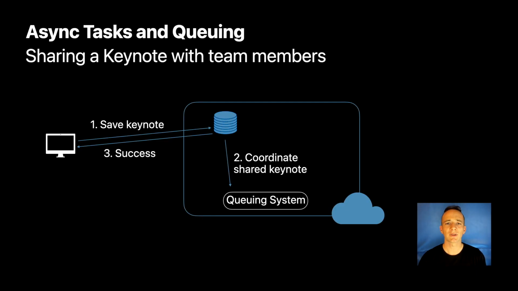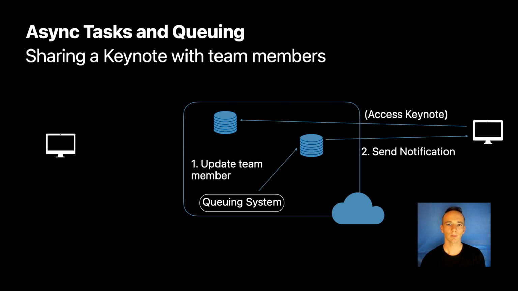In many scenarios, CloudKit can respond to a client's request before it finishes taking all the actions required to process it. For example, let's say that I want to share this keynote with my team members. After my sharing request arrives at a CloudKit server, we modify access control metadata stored in my logical keynote database in CloudKit, enqueue an async task in a queuing system, and send a response to the client.